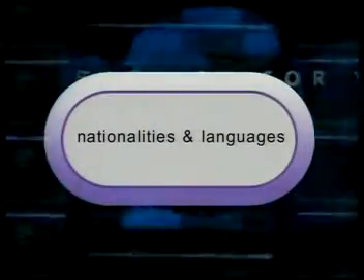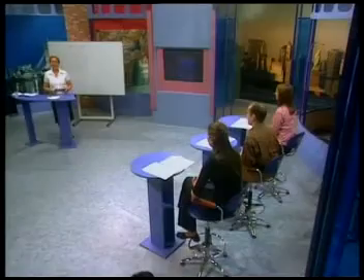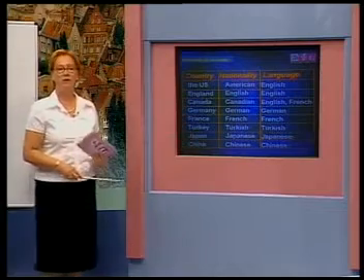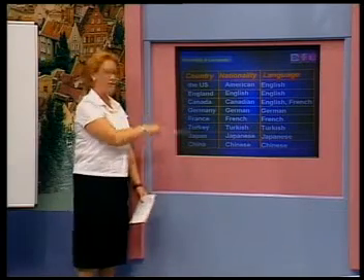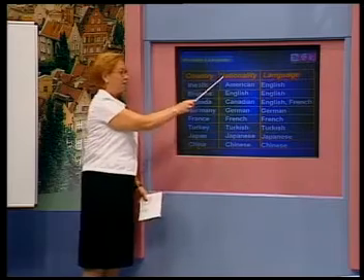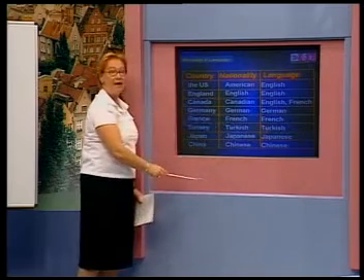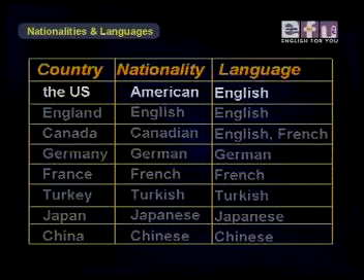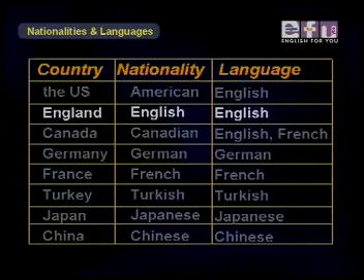Nationalities and languages. Now, here is more information about, we saw the country, we saw the language, now nationality. So, the US, American, English is the language. England, English, and English.